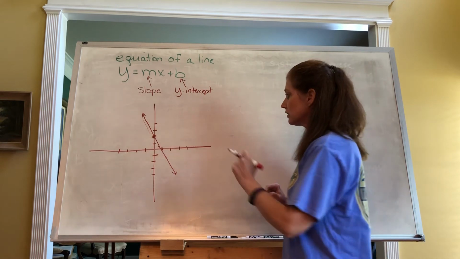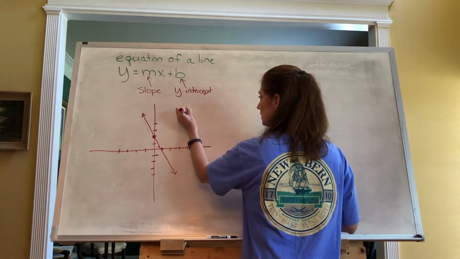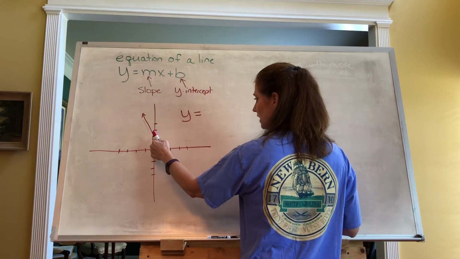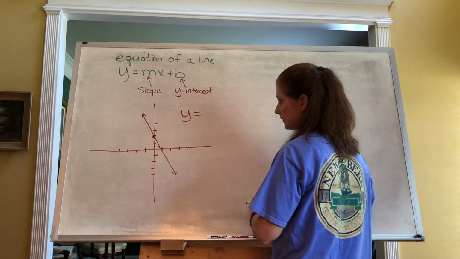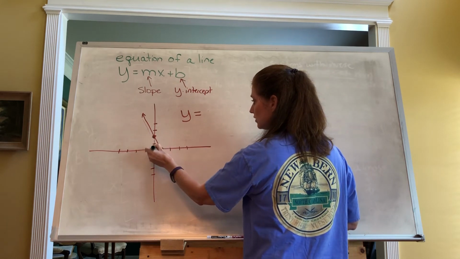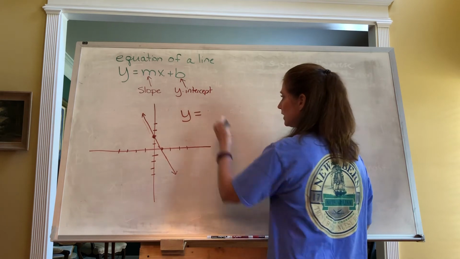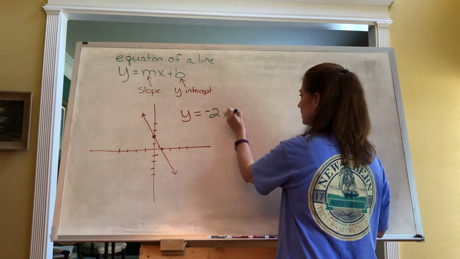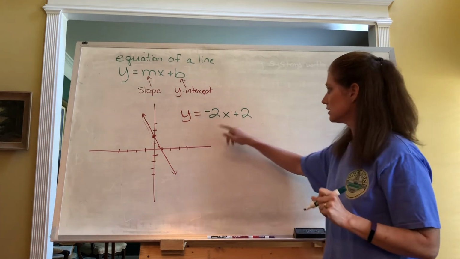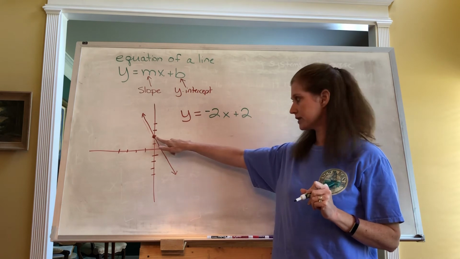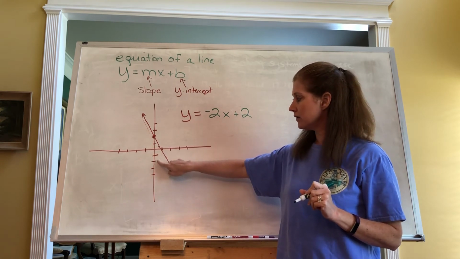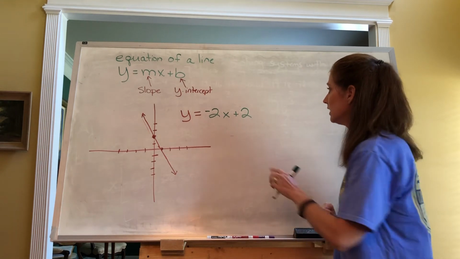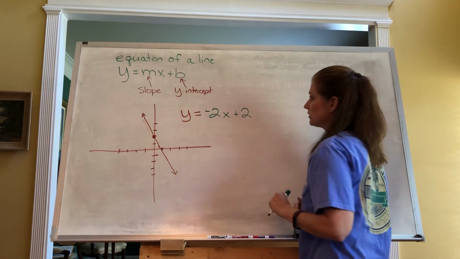If I was going to write out the equation of this line, and then figure out that slope, the slope is going down 2 and over 1. So my slope is going to be negative 2, and we put in the x, plus 2, because 2 is the intercept. If I intercepted down here, then it would be negative 2.